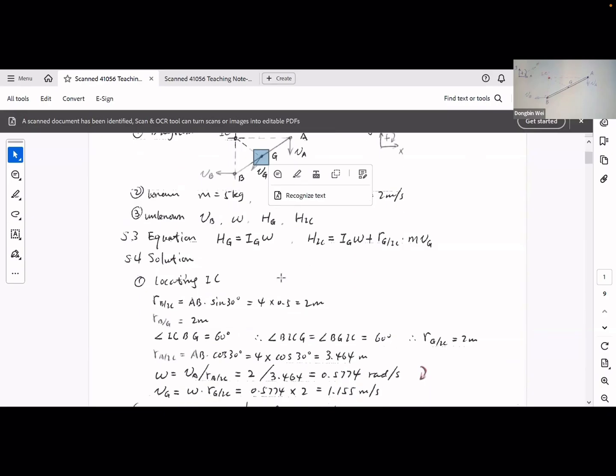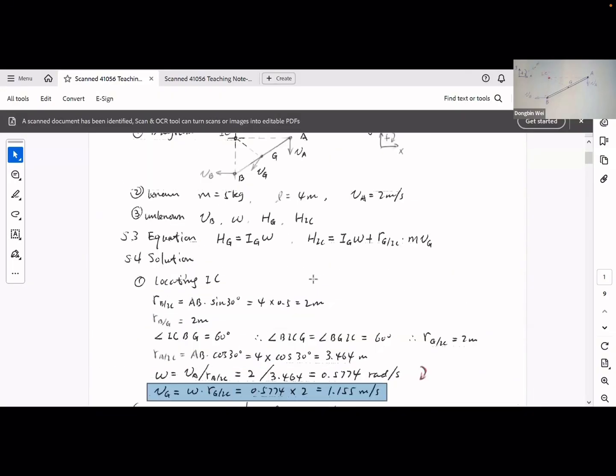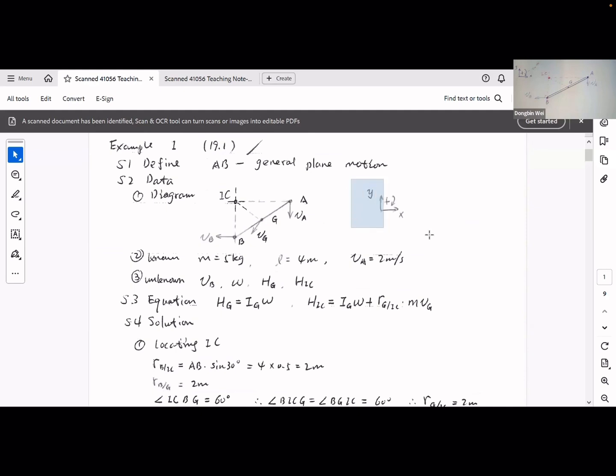Then we can work out the angular velocity of the bar, and the velocity at the mass center, point G. For omega, it should be clockwise, which is positive according to the coordinate system we defined.